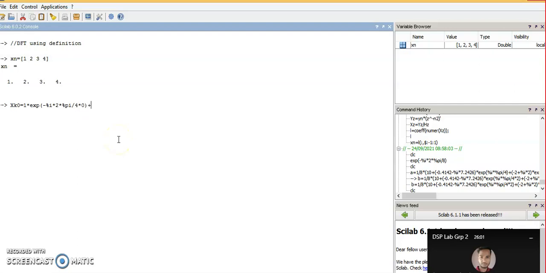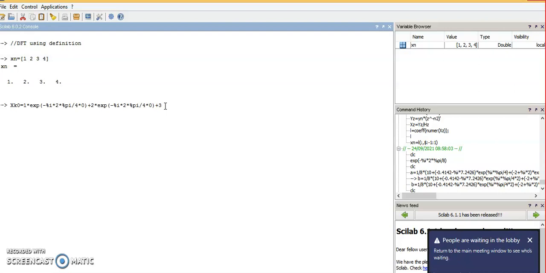Okay. Plus, let us copy this expression, it will help me out. Then 2 into, the value of n is 1 here, but the value of k is 0, therefore it will be 0. Then 3 into, here n is 2, but k is 0, so it will be 0.